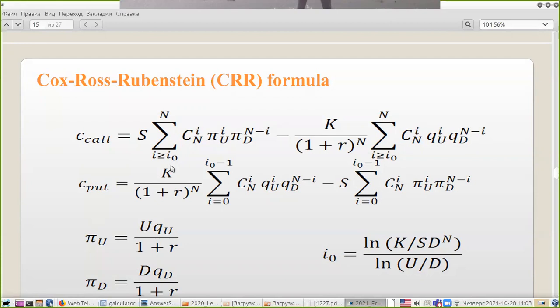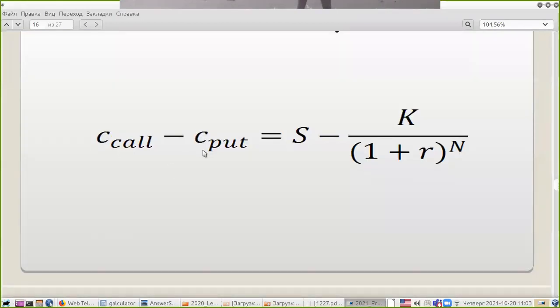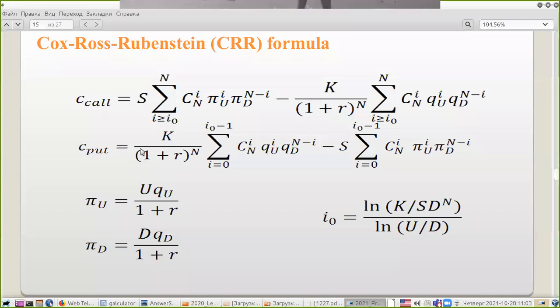If we subtract this, we can find the difference between this and this. So if from this we subtract this, minus minus will be plus. You see, this sum plus this sum.